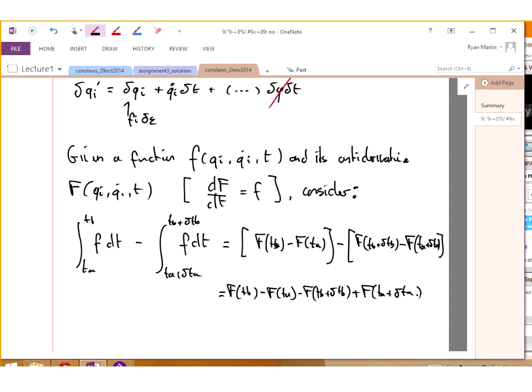Yeah, they're exactly flip-flopped. You have F of Ta minus F of Tb minus F of the quantity Ta plus delta Ta plus F of... Yes, you're right.